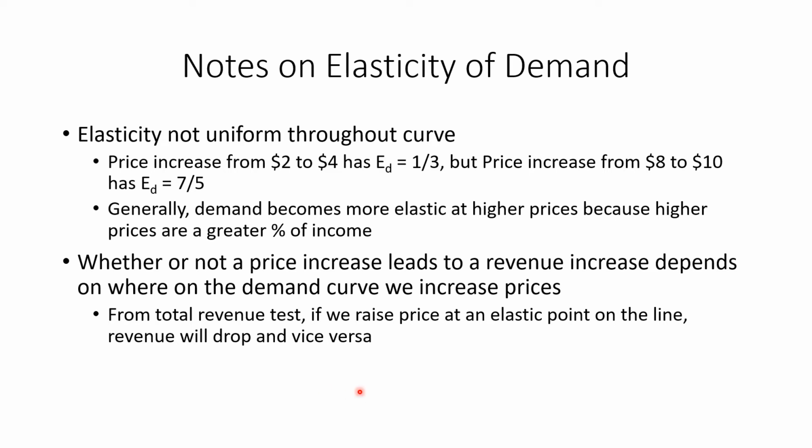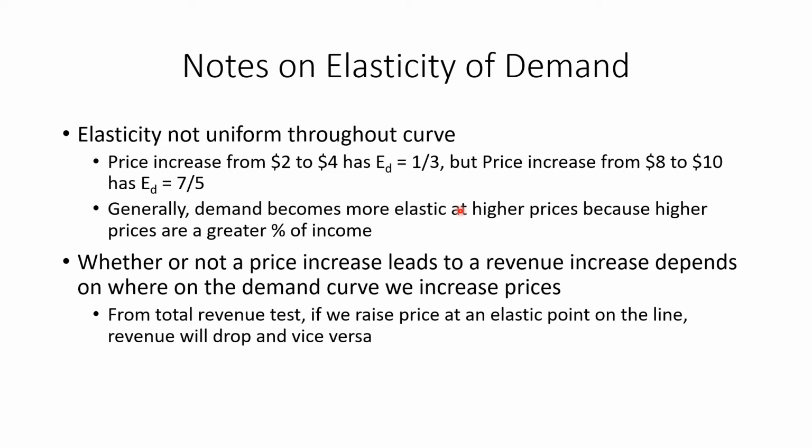A few additional points on the price elasticity of demand. The first thing we note is that elasticity is not uniform throughout the line. We saw that in our example. At lower prices, products tend to be more inelastic. In other words, at lower prices, changes in the price create less of a demand change.